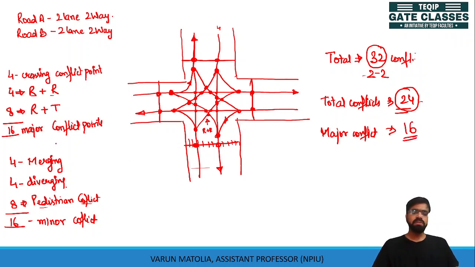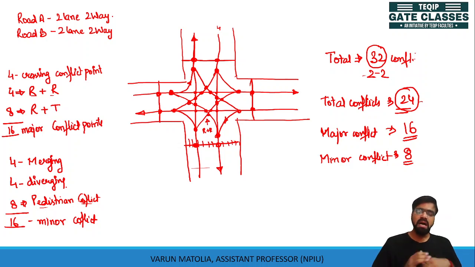And if they ask you the number of minor conflict points, this will be your 8 conflict points, because we are not counting pedestrians unless they are specified in the question. So these are the conflict points between the traffic which is moving at an intersection.